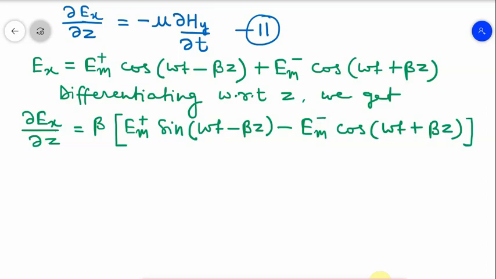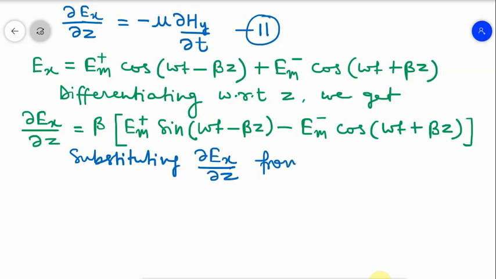Okay, now substituting del Ex upon del z from equation 2. So in equation 2, we have this del Ex upon del z, and we have determined the value of del Ex upon del z. So this whole value can be substituted in equation 2.